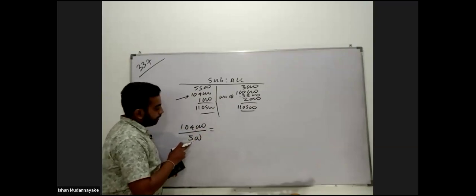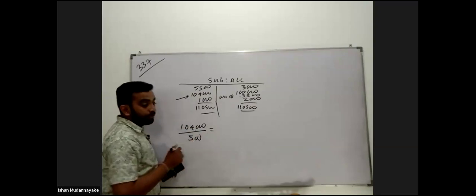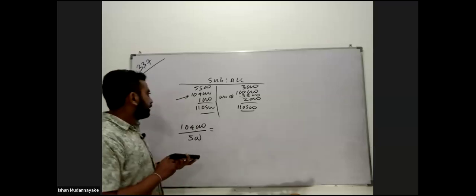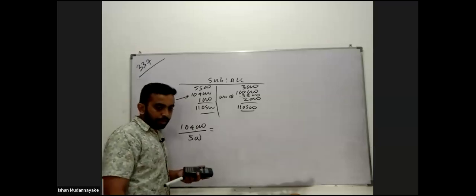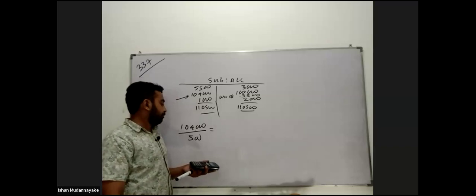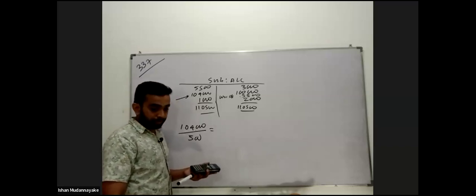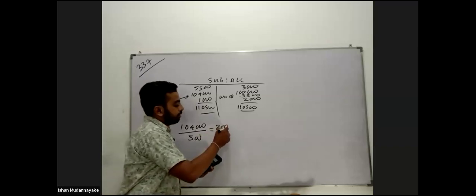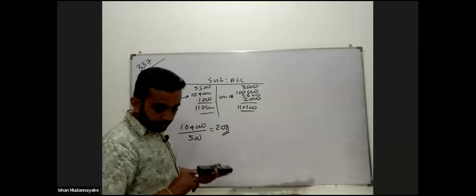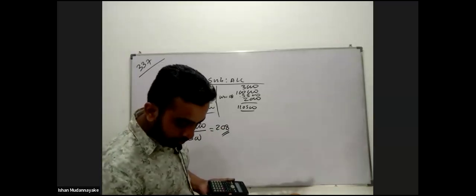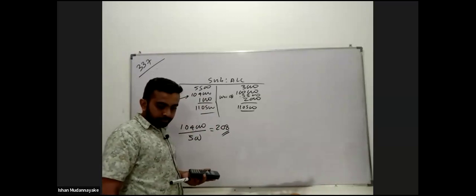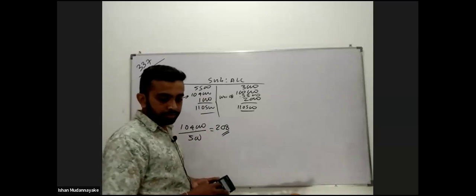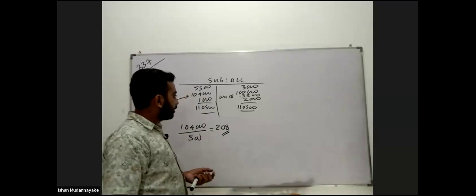So we calculate the number of members as of 31st December 2025. 104,000 divided by 500. The number of members is 208.